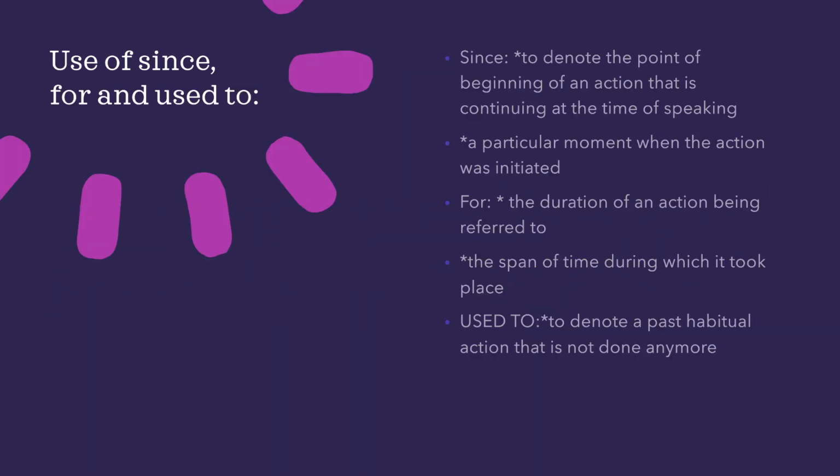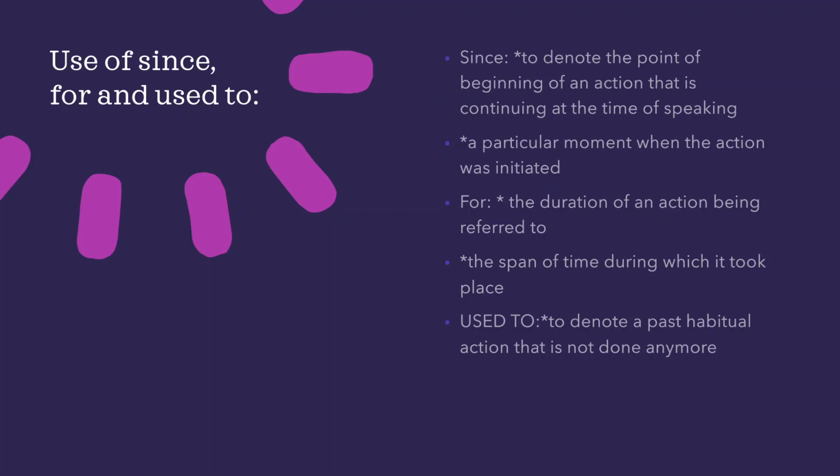Now, when we use past perfect continuous tense, we need to use since, for, and used to. So let me give you an example. It's not only for past perfect continuous, it's also for present perfect continuous tense.